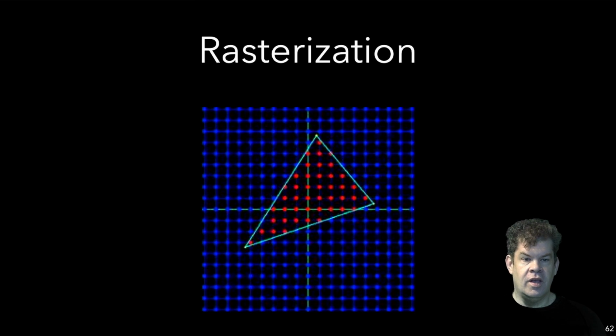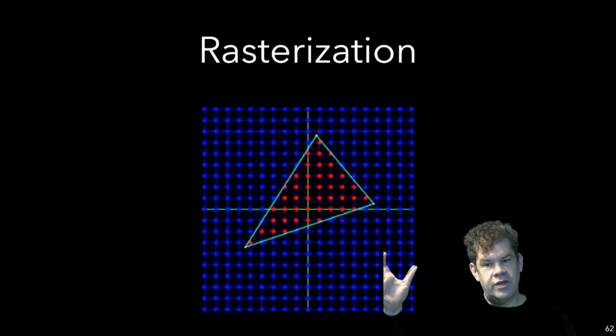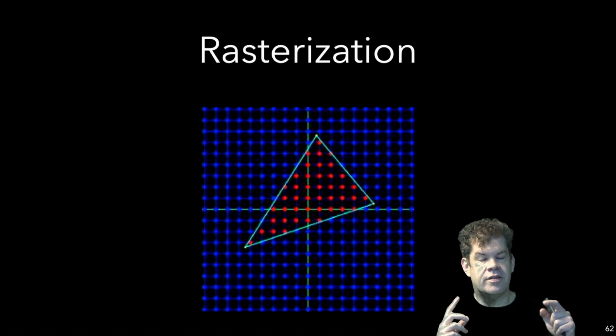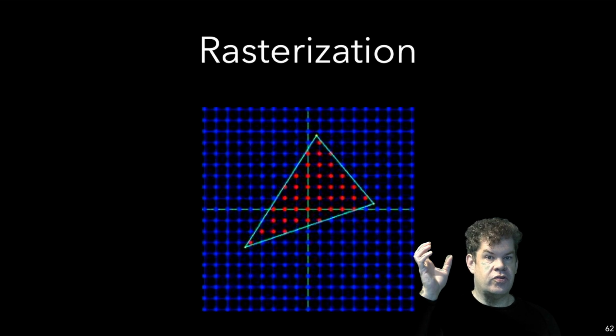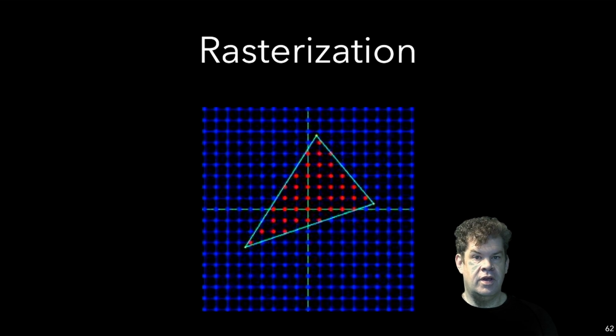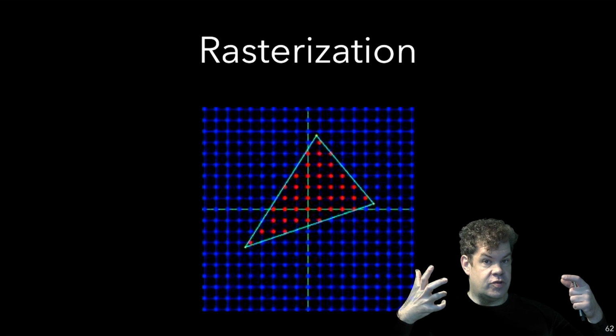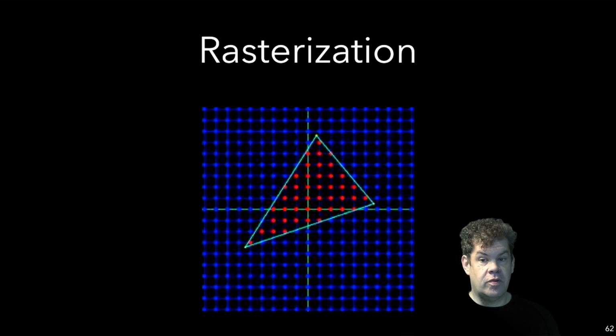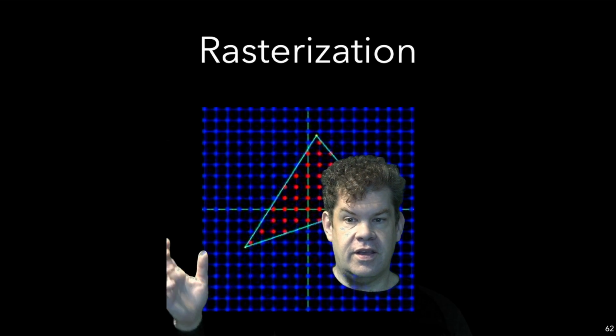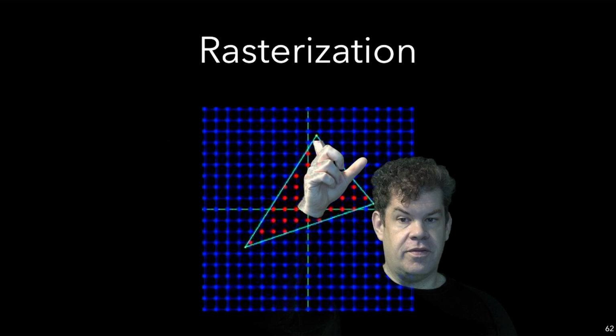And what does rasterization and scan conversion do? It figures out for a given triangle which part of the screen that triangle overlaps, so which pixels are overlapped by that particular triangle. And then it not only figures out which ones those are, but it also interpolates the values that are given at the vertices. So for this triangle, we have 3 values.